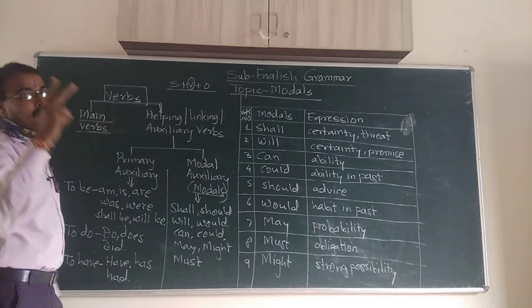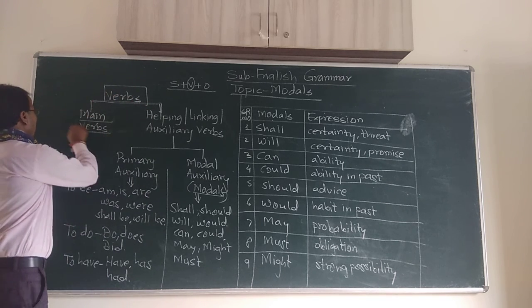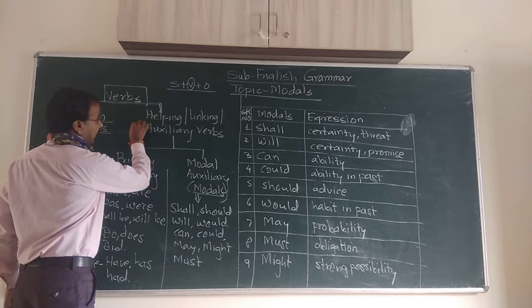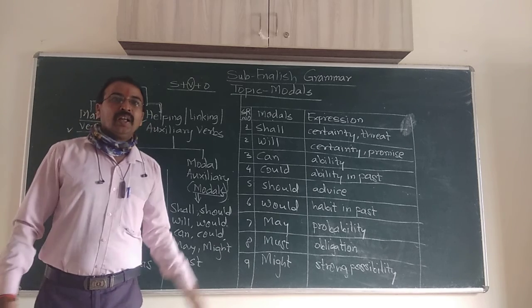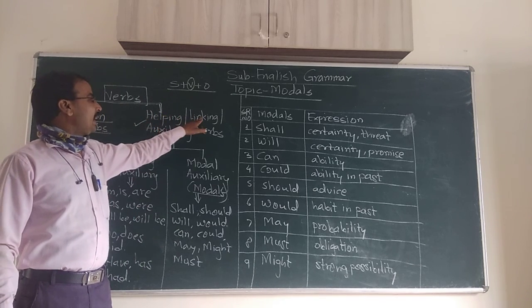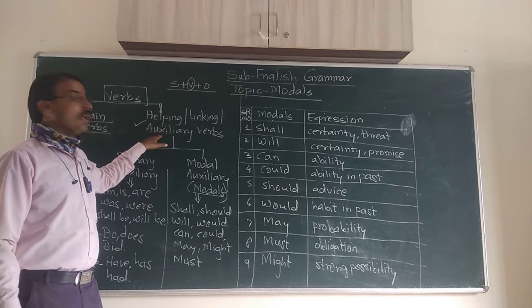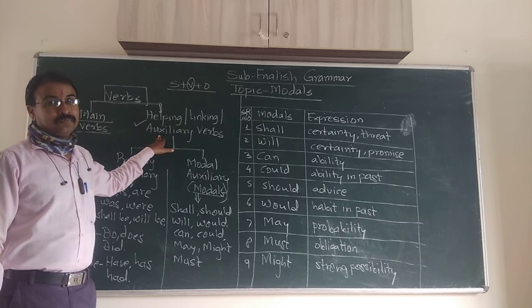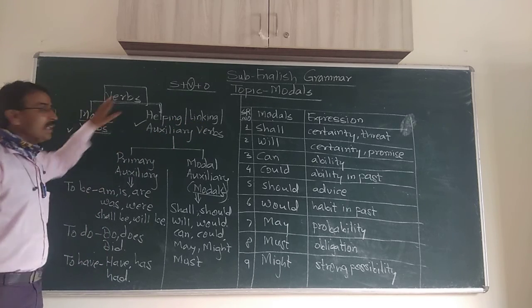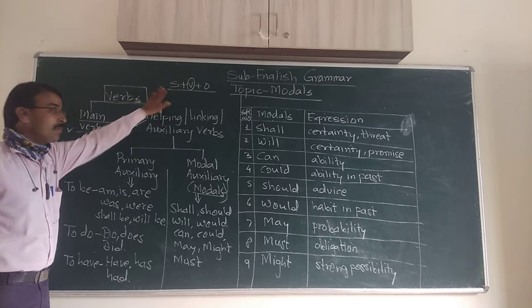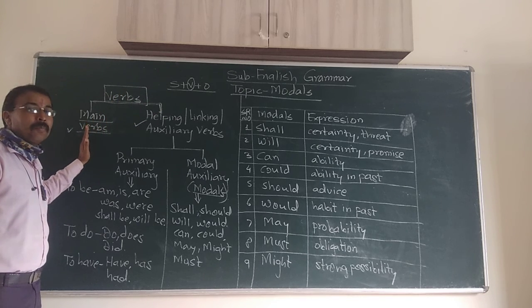There are two types of verbs: main verb and helping verb. Helping verb is also called linking verb, and it is also called auxiliary verb. You have already studied tenses and verbs. We will not see the part of main verb.